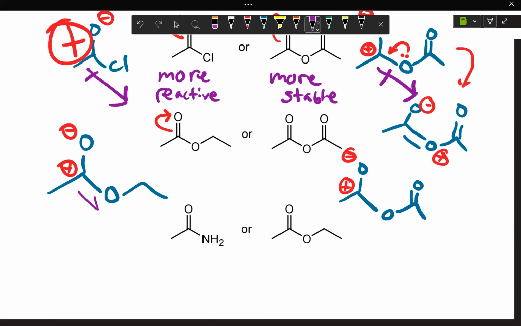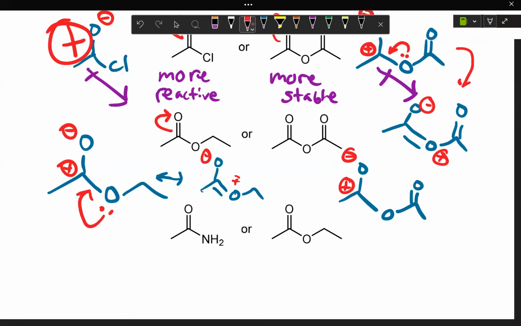So we can't really compare the electronegativity of the two because they're both oxygens. So what we have to look at is resonance. This ester can do resonance here in order to stabilize that positive charge and put a double bond right there.